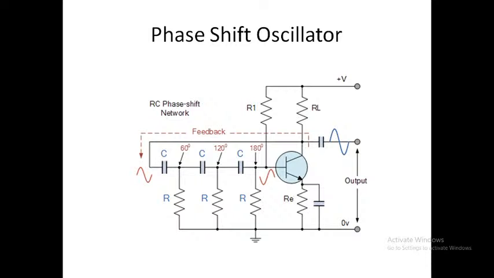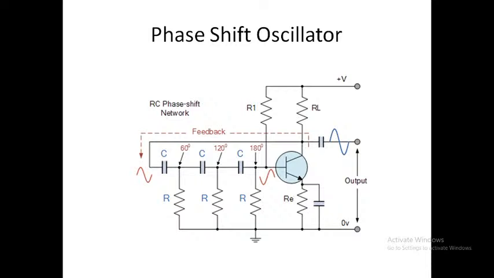So it is nothing but a feedback loop. You can see the output of an amplifier is fed back to the input through the RC network, that is resistor and capacitor network. The output at the collector side is fed back to the input side.